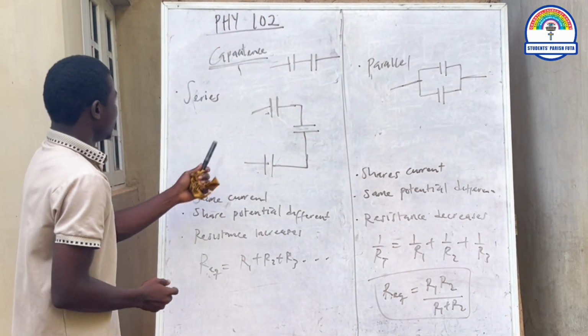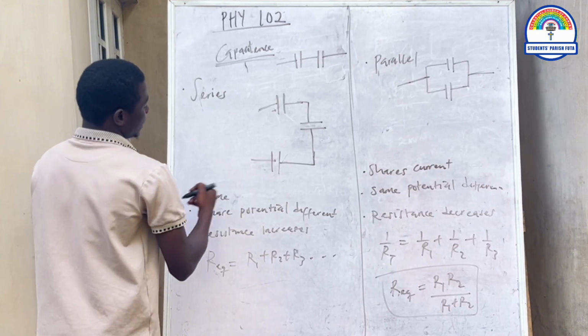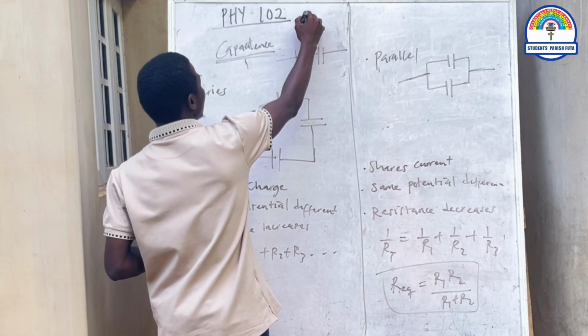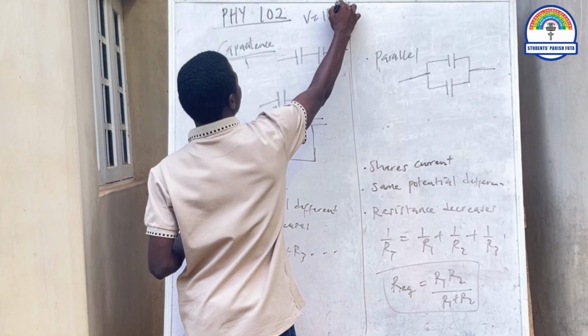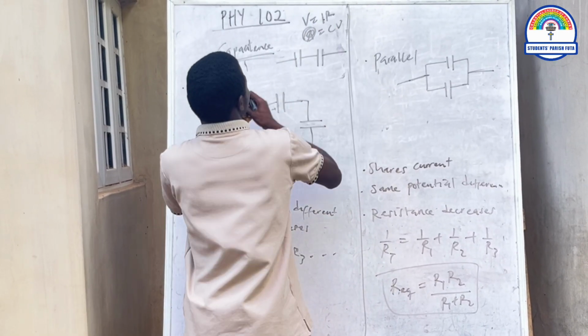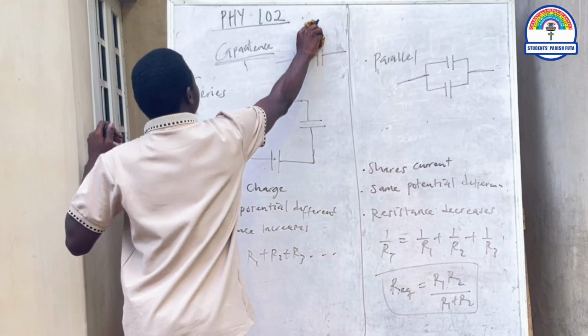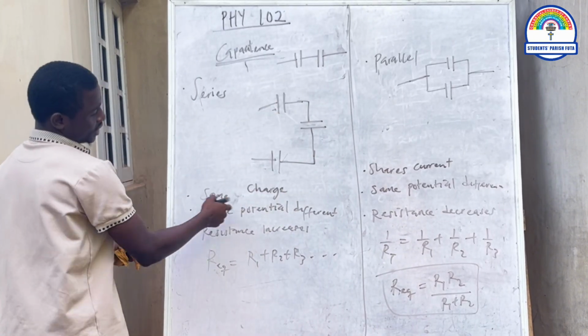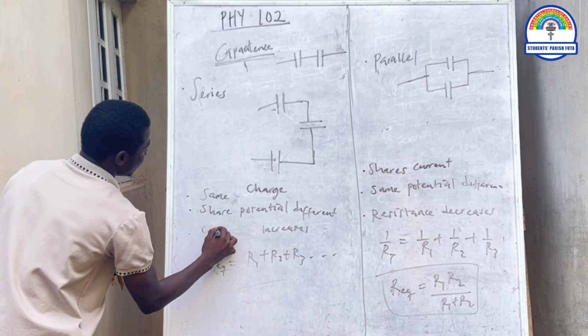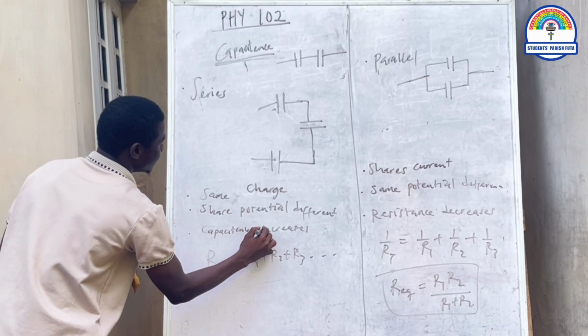Now for this one, they have the same charge, because the formula for resistance is V equals IR, but for capacitance, Q equals CV. So we use charge instead of current. So same charge, they share potential difference, and the capacitance decreases.